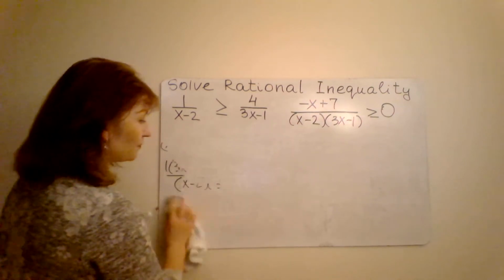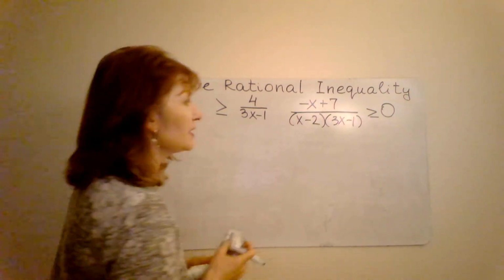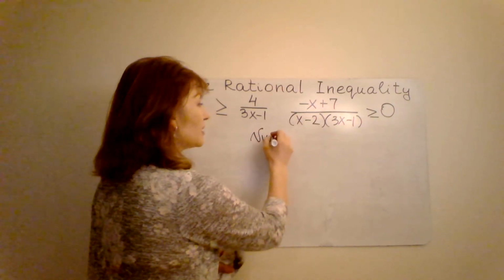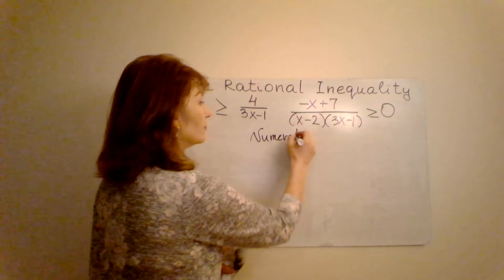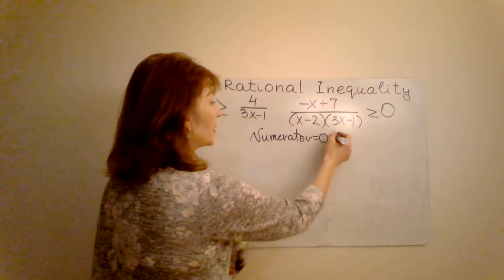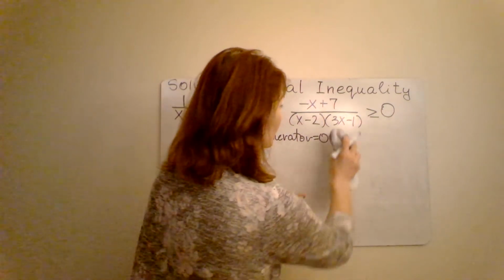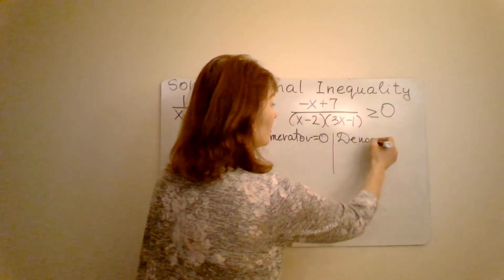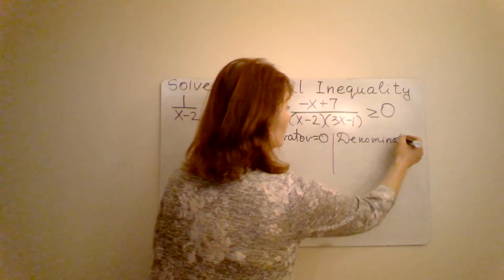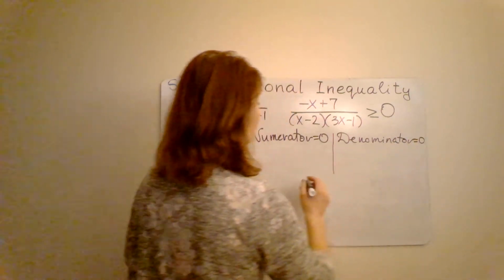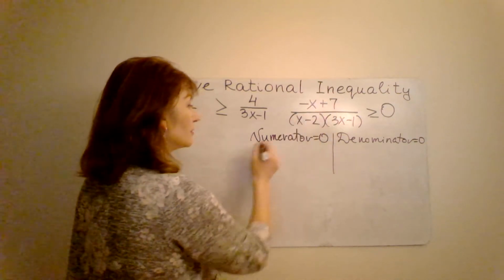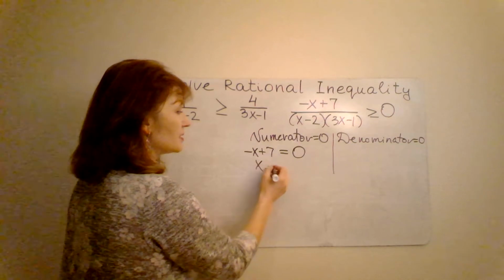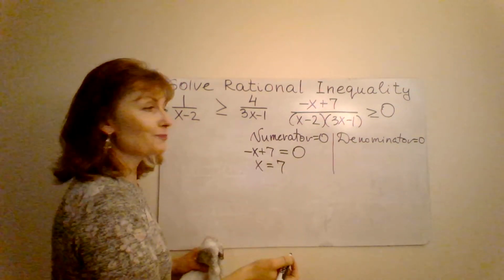And to do that, we need to find when the numerator is equal to 0 and when the denominator is equal to 0. So the numerator: x is equal to 7.